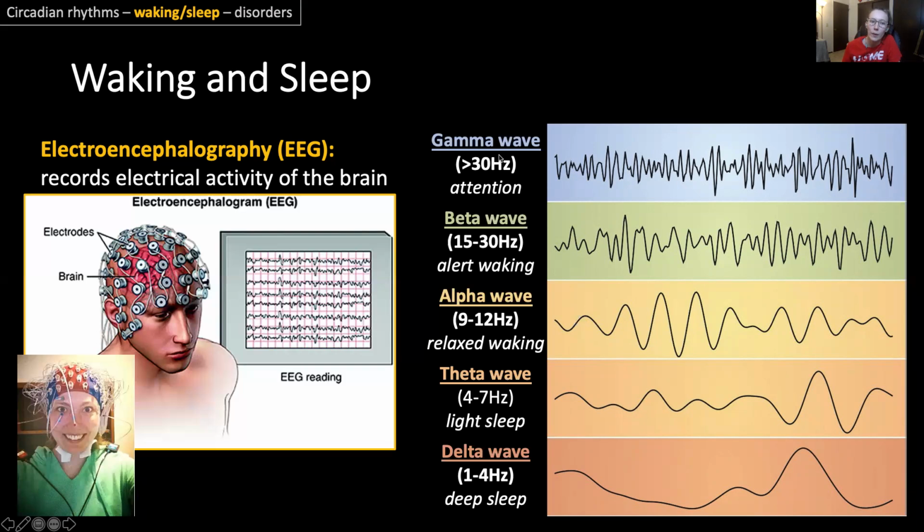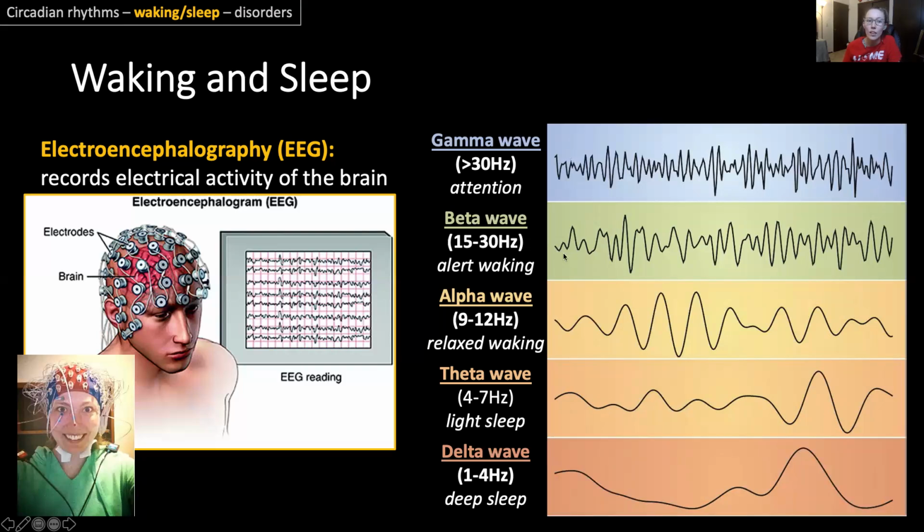So as we go from the highest frequency, the lowest wavelength here, we have gamma waves. Gamma waves are mostly active when your brain is highly paying attention to things. So it's a lot of active brain activity. It's when you are really paying attention to external sensory input. A little bit lower than that is a beta wave.